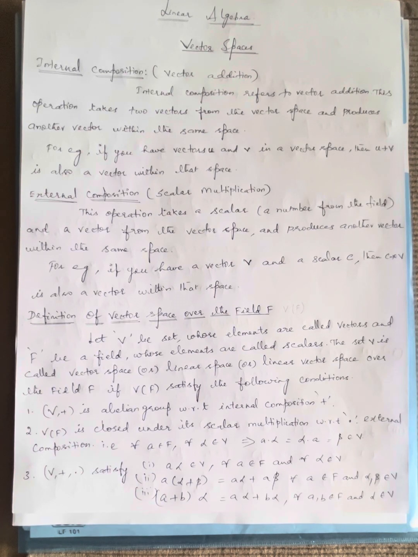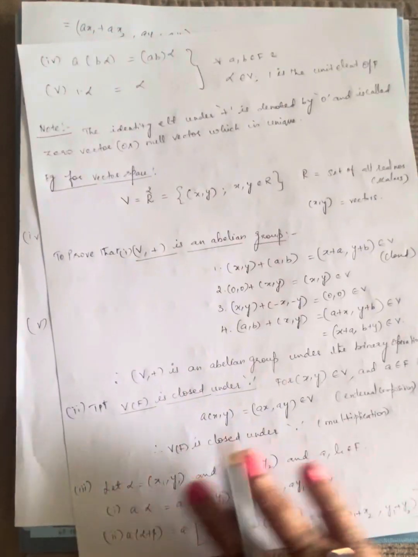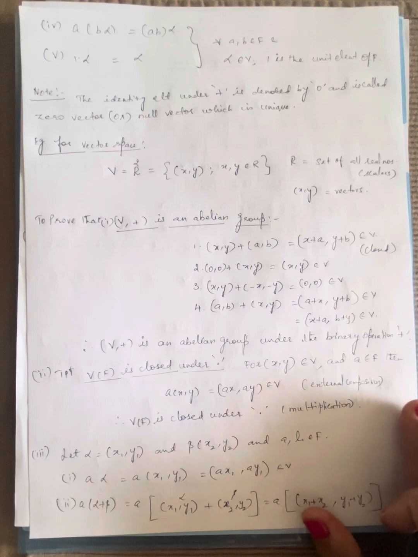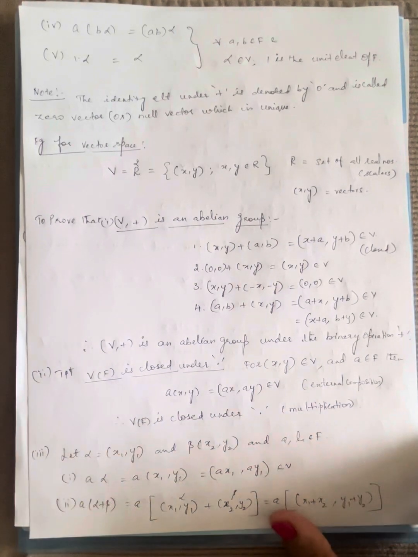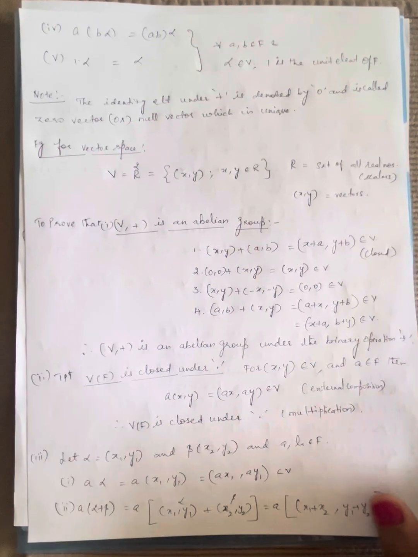The third is that (V, +, dot) satisfies the following conditions: a into alpha belongs to V, and a into (alpha plus beta) is equal to a alpha plus a beta. (a plus b) into alpha is equal to a alpha plus b alpha. Then the associative property: a into b alpha is equal to ab into alpha. And 1 into alpha is equal to alpha. When a set satisfies all these conditions, it is called a vector space over the field F.